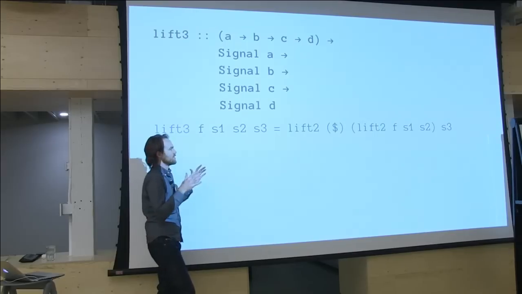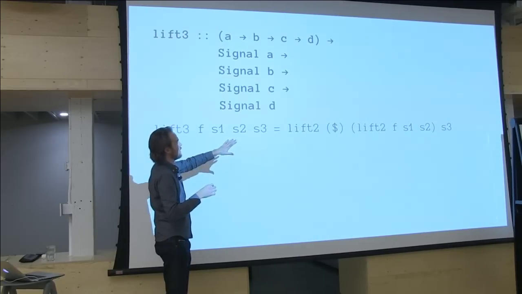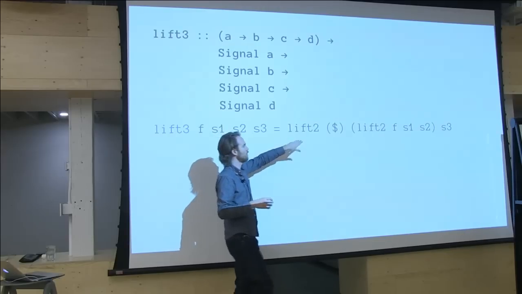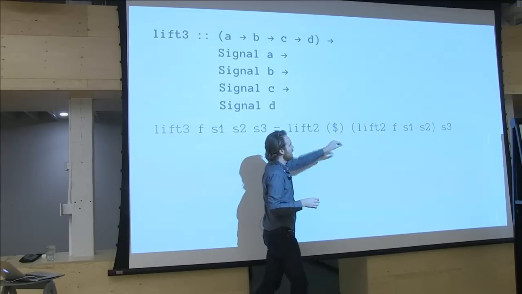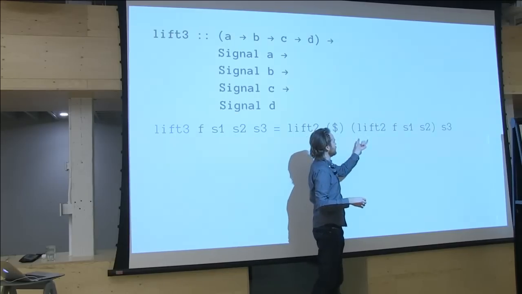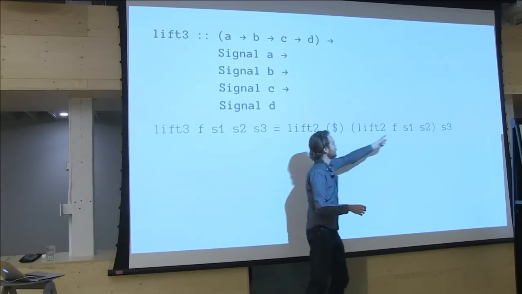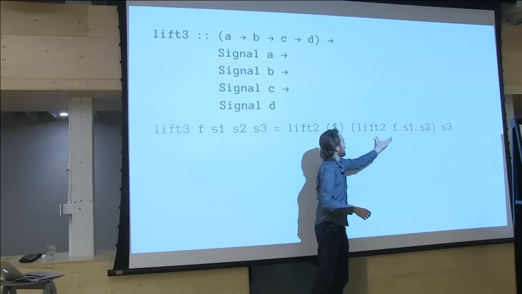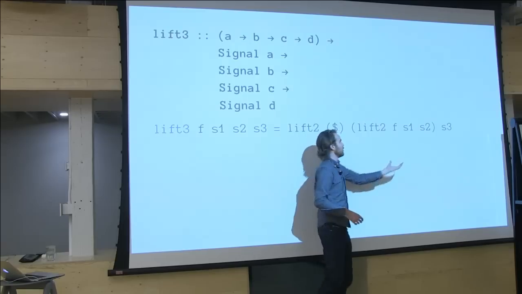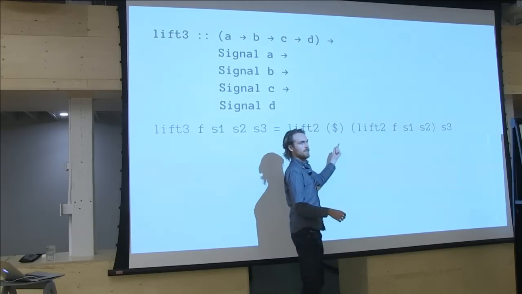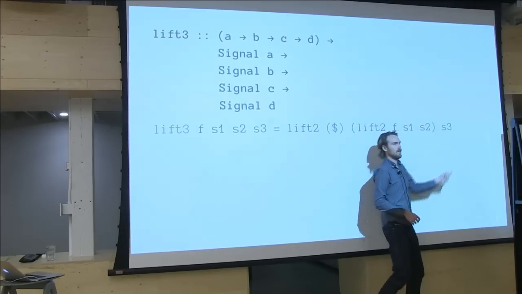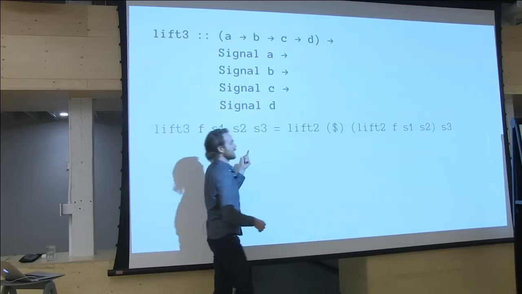It took me a minute to understand this, but basically we call lift 2 with function application, and the first signal that we give it is a lift 2 of the function with the first two signals, and that ends up being a signal of functions, which you then plug into the function application with the values from S3, and then you get your signal back.